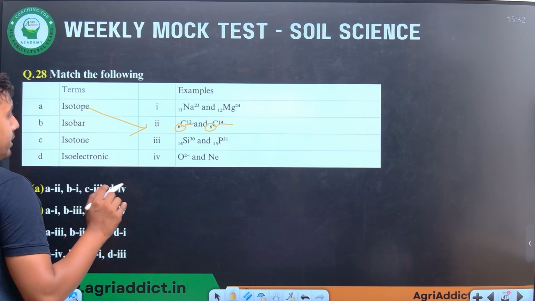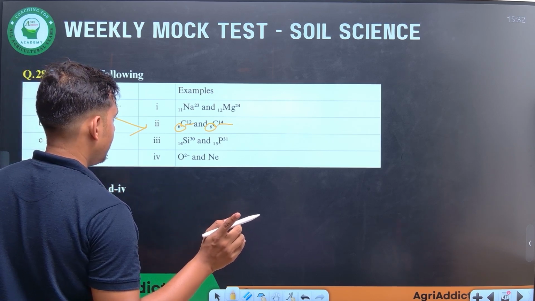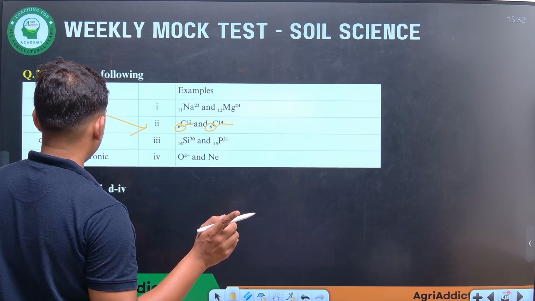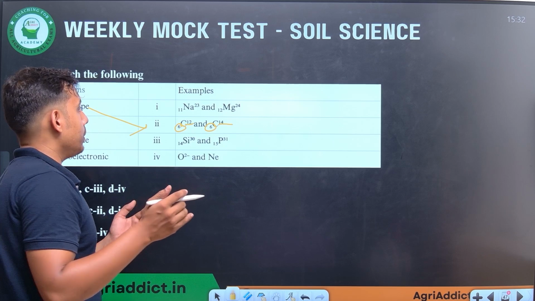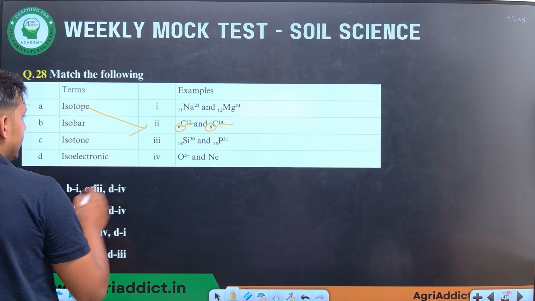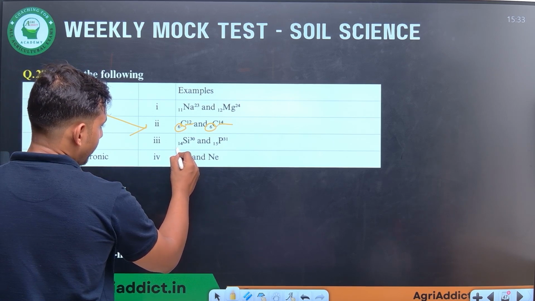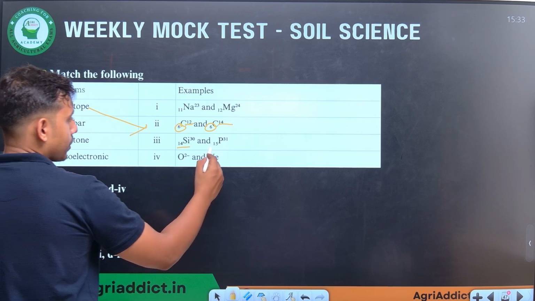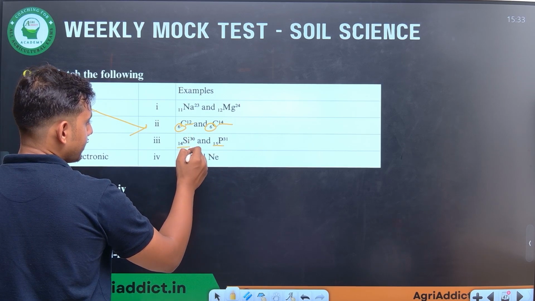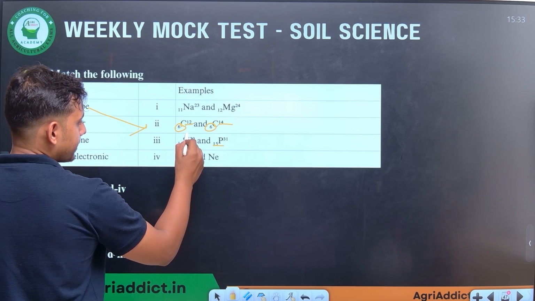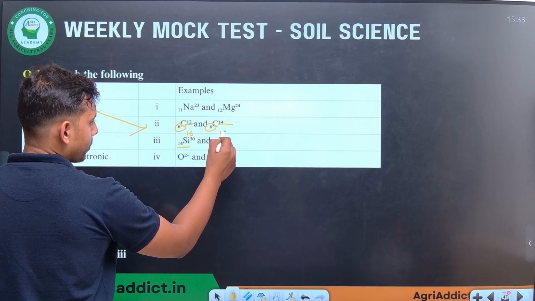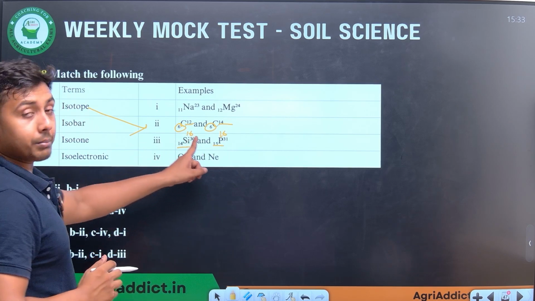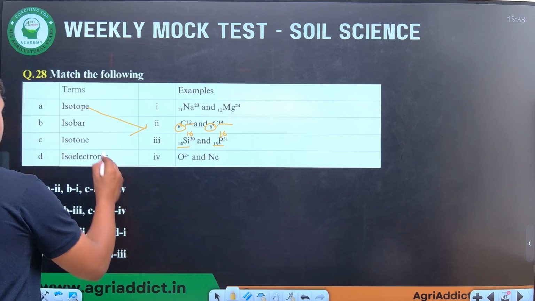Isotone, as I have said, means protons different but neutrons the same. Here we see proton 14, here proton 15, but the neutron here is 30 minus 14, meaning 16 neutrons are there. Here also 31 minus 15, 16 neutrons. So the neutron number is the same, so it can be called isotone.